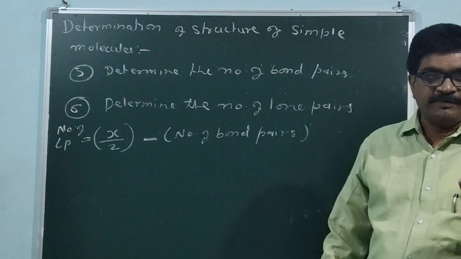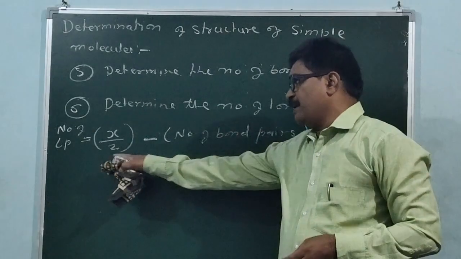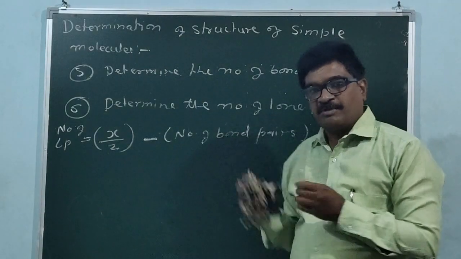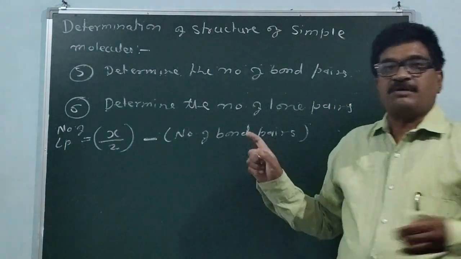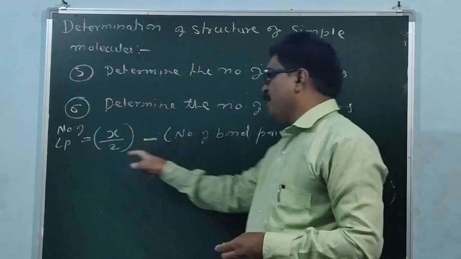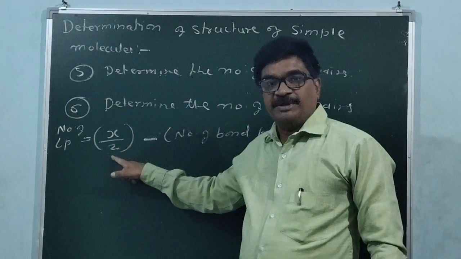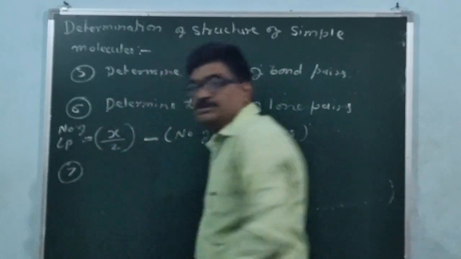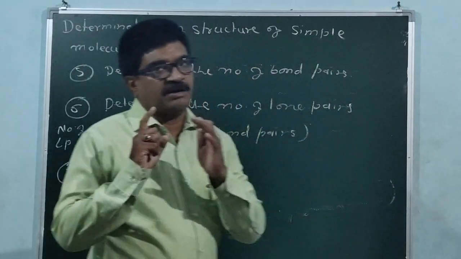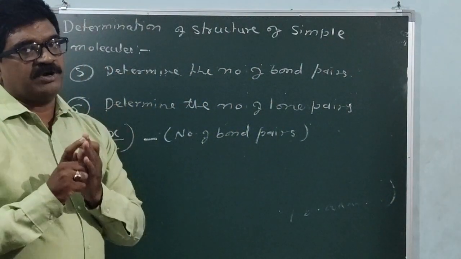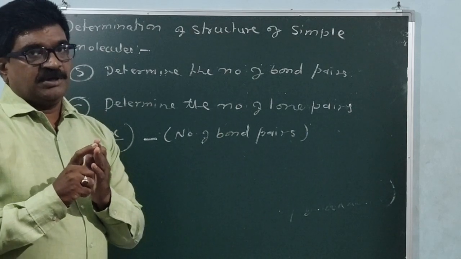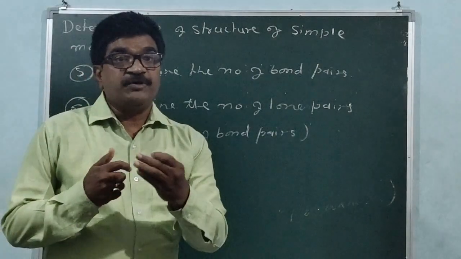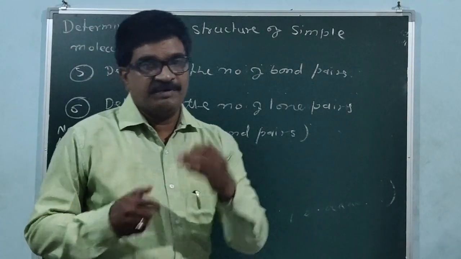We have determined the total number of electron pairs, and out of that we have determined the number of bond pairs, and these are subtracted from the total number of electron pairs around the central atom. Now we know the number of bond pairs and we know the number of lone pairs. The next step is to use the stereochemical rules. How? We will see later.